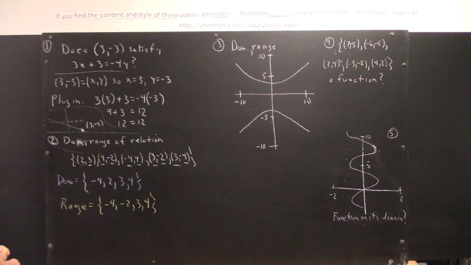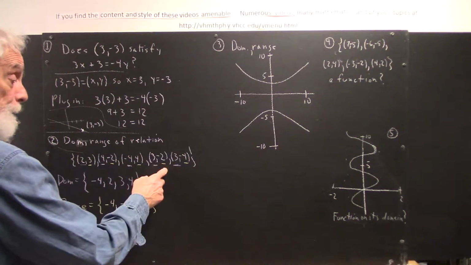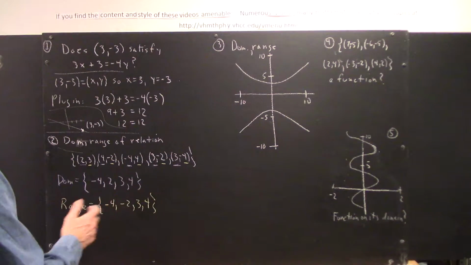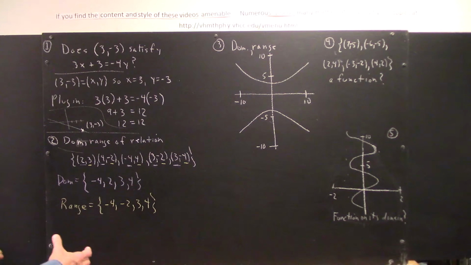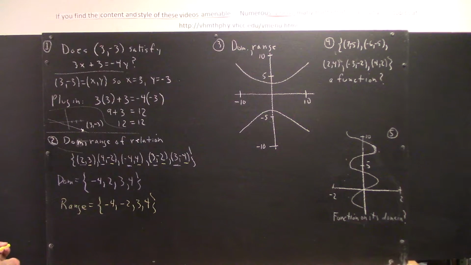Okay, -2 appears twice, but we don't list it twice in the range. It's either in the range or it isn't, and in this case, it is. So here's our domain, here's our range.